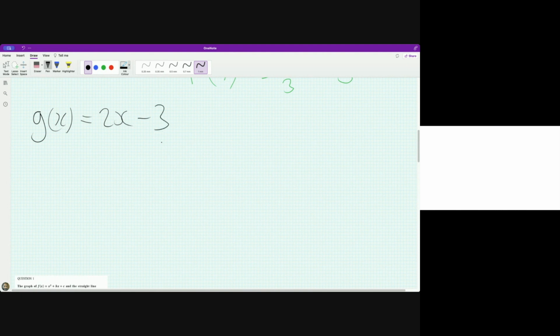Can you find me the inverse function of this one over here? The one hint I will give you is that if you want to visualize the function g, timesing by 2 and subtracting 3 is a good way to start. So what is the inverse function of 2x minus 3?